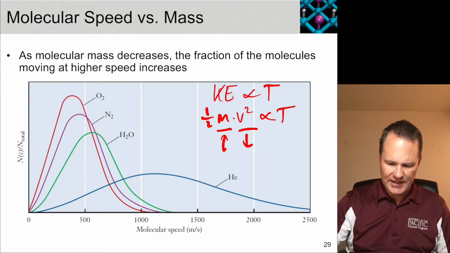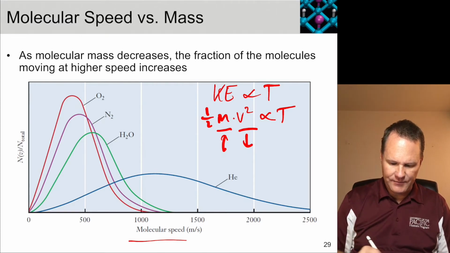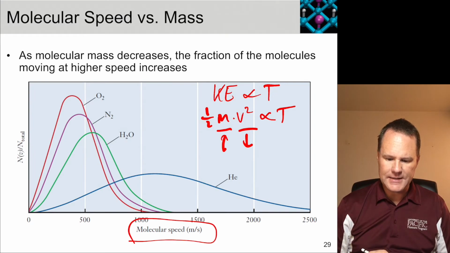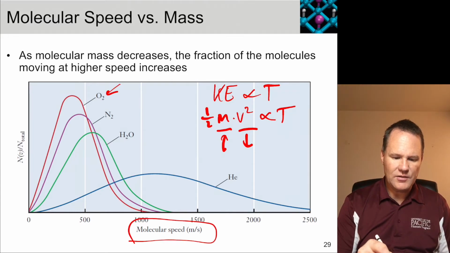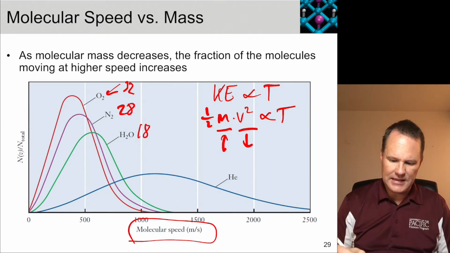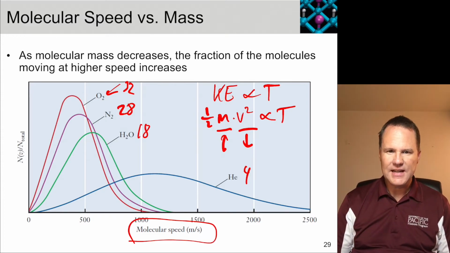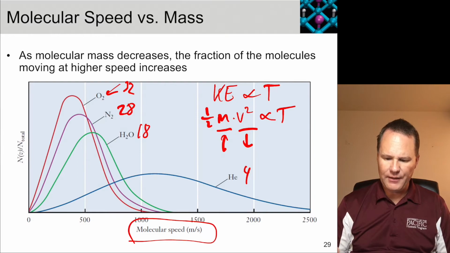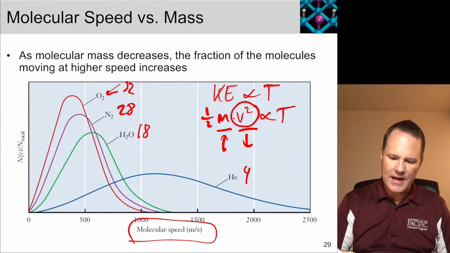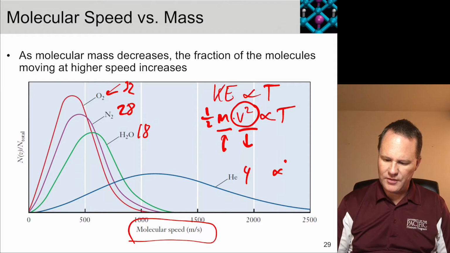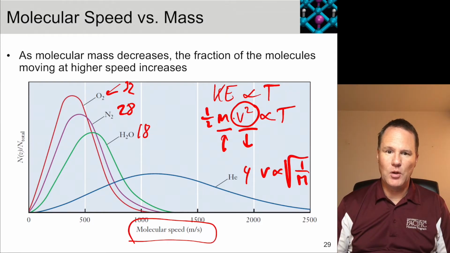And so if you look at the x-axis as molecular speeds, the lighter the particle, the higher the velocity. So if you look at oxygen with 32, nitrogen with 28, water with 18, and helium with 4, their average velocities, the molecular speeds, will increase, right? Since this is squared, then it will be proportional to 1 over the square root of the molar mass, right?